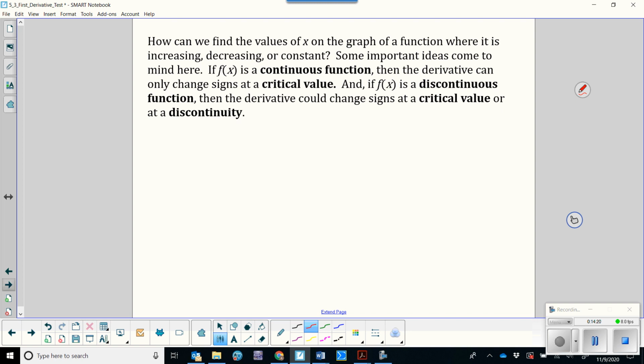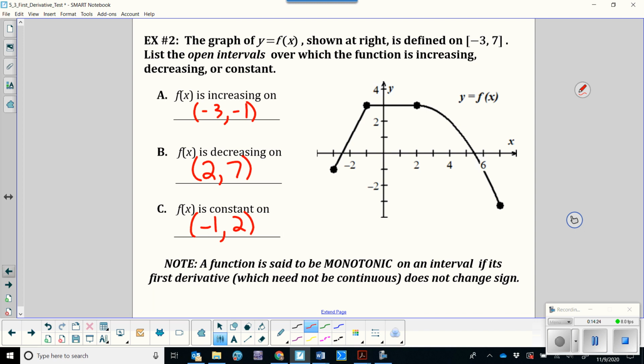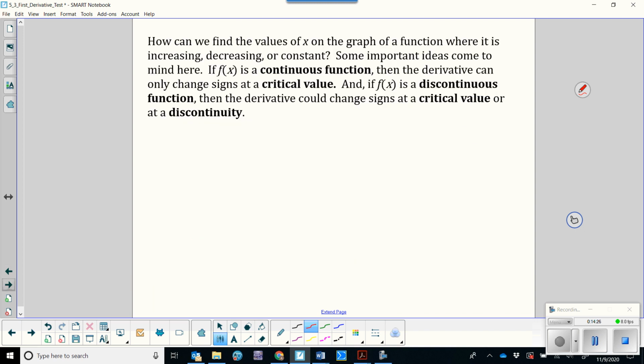Well, the easy way to do that is it can only change signs. So if the derivative being positive means it's increasing and negative means it's decreasing, well, the only way for a function to change signs would be where it's 0 or undefined, okay? So if you have a graph and you have a function and it's over here negative and all of a sudden it becomes positive, well, it had to go through the x-axis for that to happen.